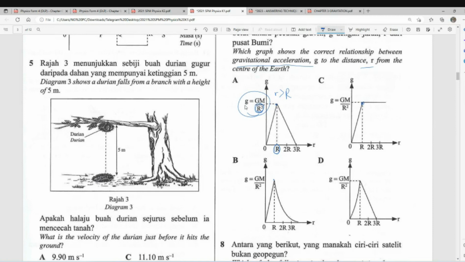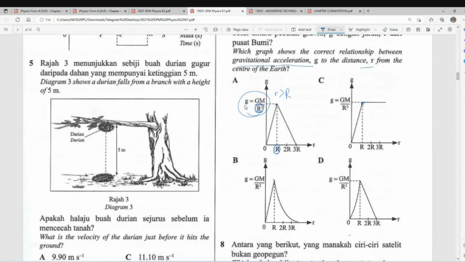So when the object is far away from the Earth, the g gets smaller and smaller. The relationship is a square, because it is affected by R squared.